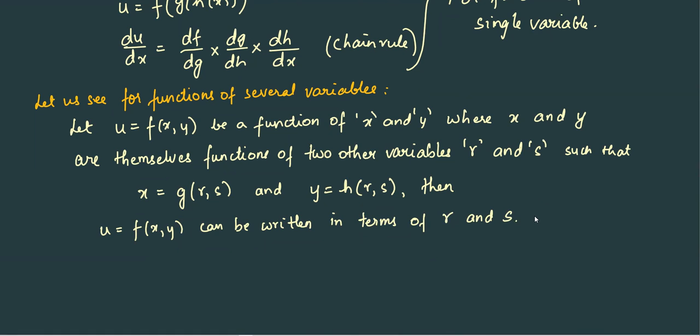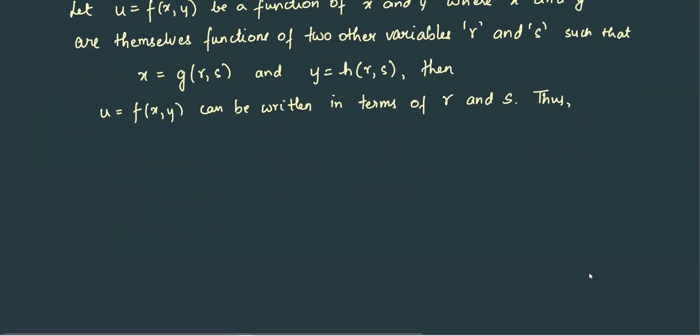So thus we have these results. So the function itself is in terms of r and s. So I want dou u by dou r, which is the same as dou f by dou r.